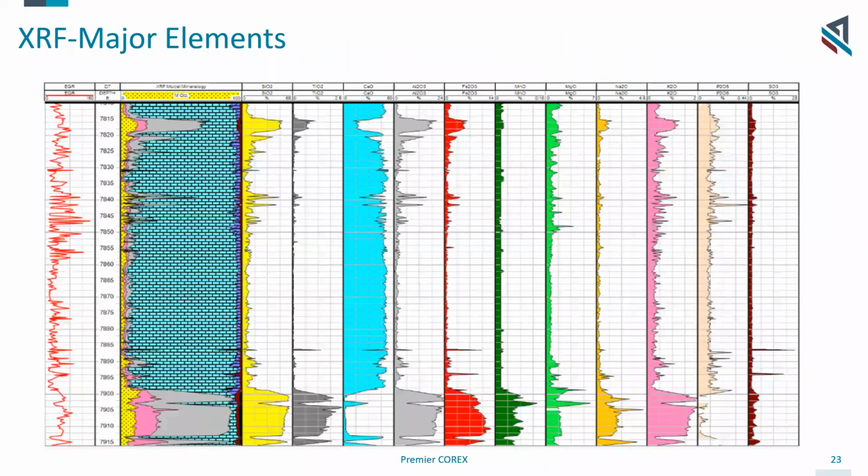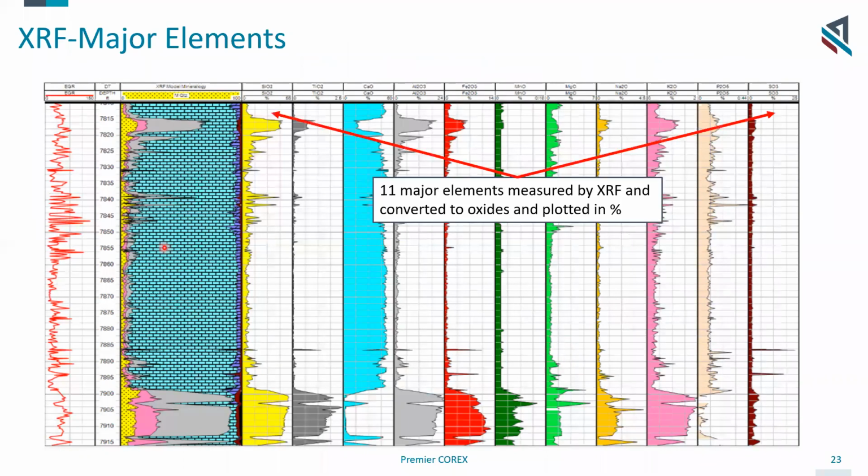So looking at the distribution of the elements, this is an example well from the Middle East, where we've got 11 major elements which are measured using XRF, and these are plotted as percentages of oxide.